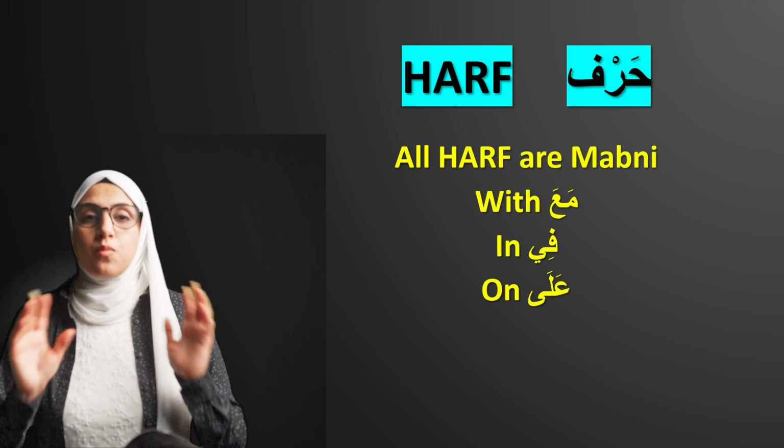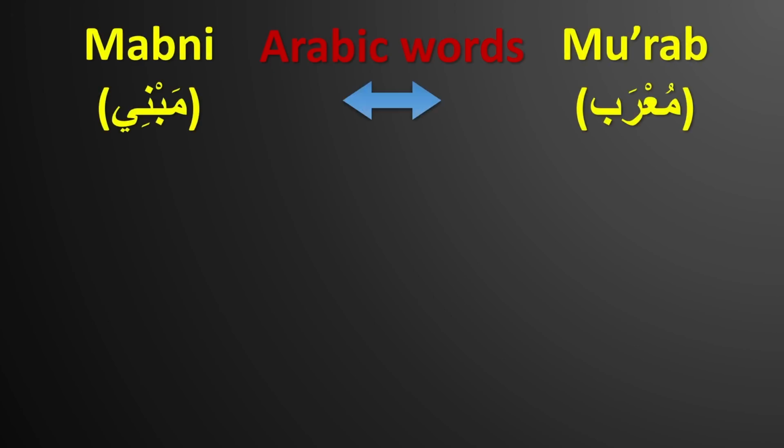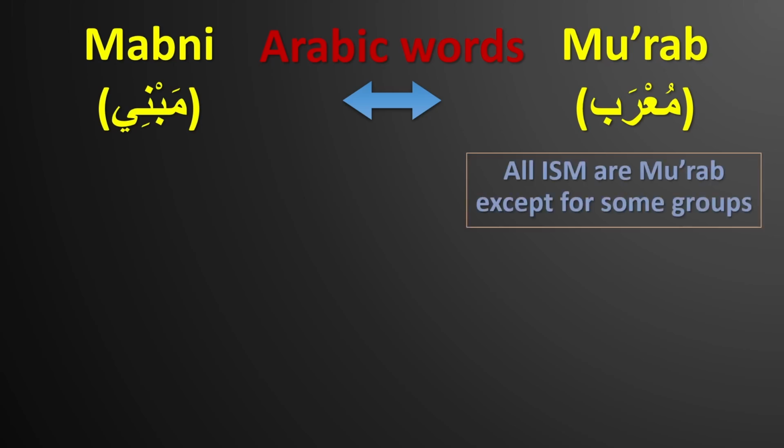Now let's recap what we have learned today. Today we learned that all words in Arabic that are اسم and فعل and حرف can be معرب or مبني. All اسم words are معرب.